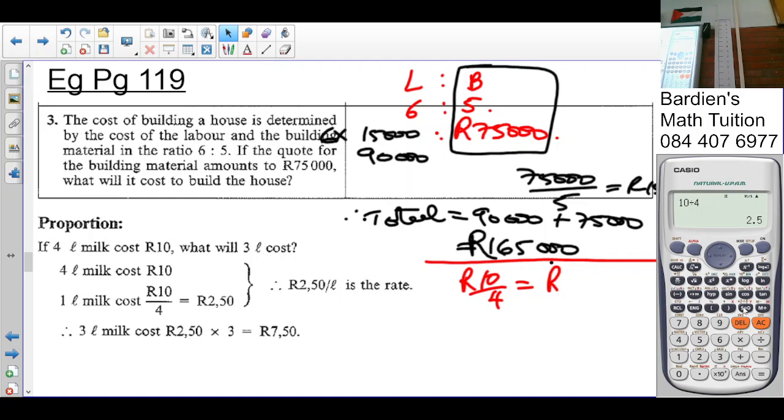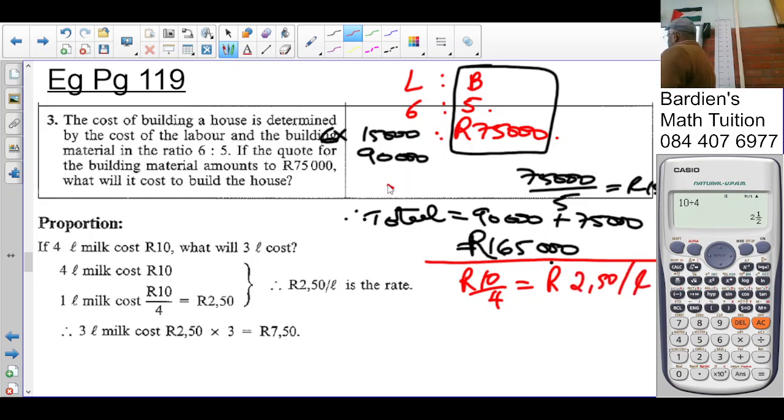Or you can press shift, and that's going to be in the mixed fraction form. So it's 2 rand 50 per liter. They want to know what will 3 liters cost. So it's going to be 3 times 2 rand 50.